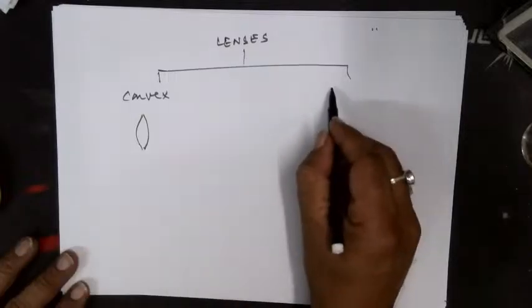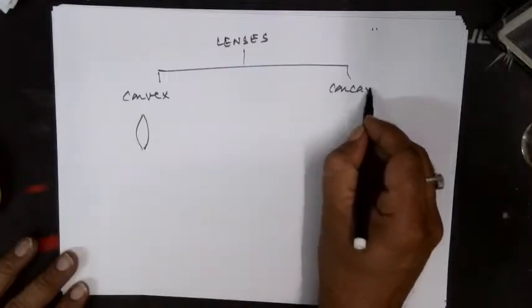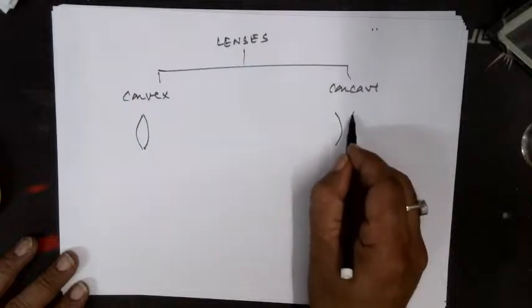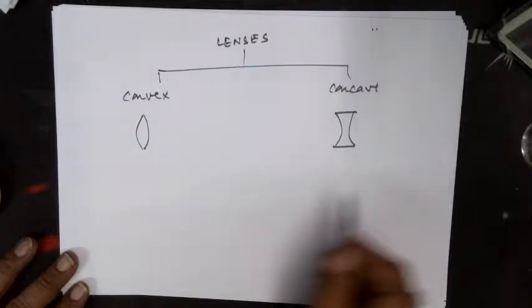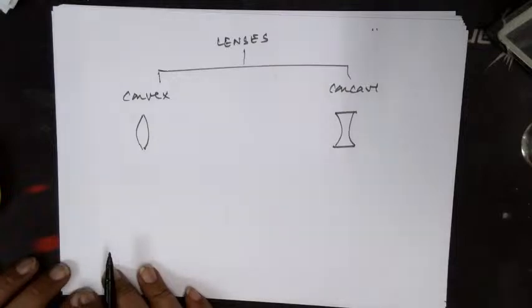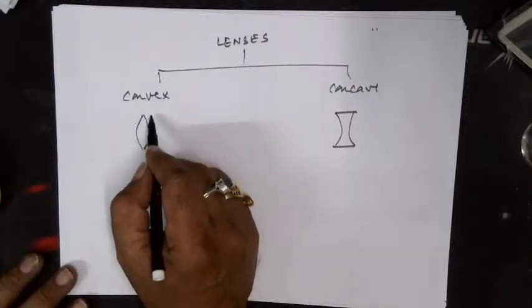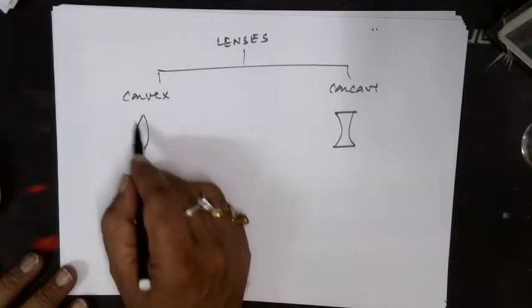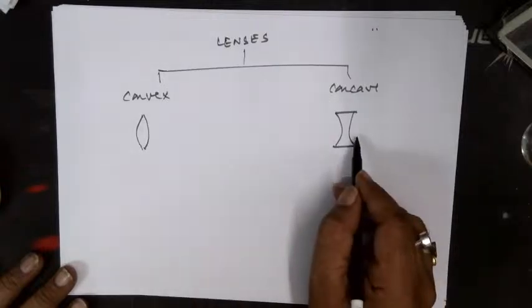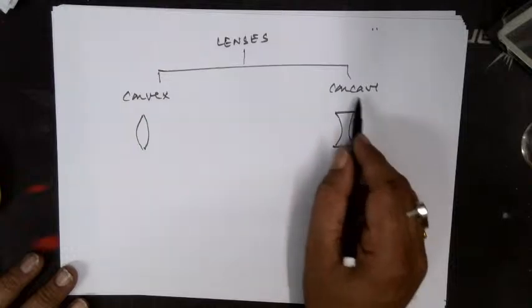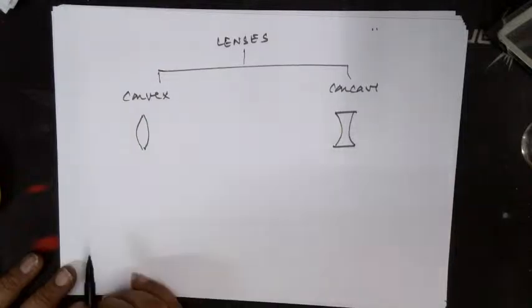And this is concave. You can have a cavity like this, and this is represented in this way. This is also called biconvex because it is convex on both sides. And this can also be called biconcave because it is concave on both sides.